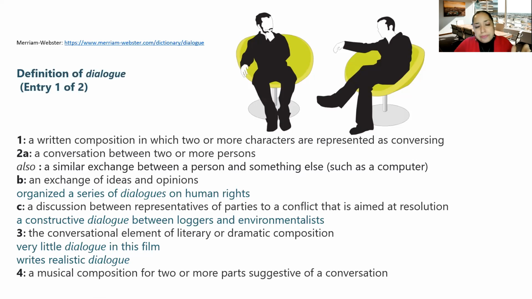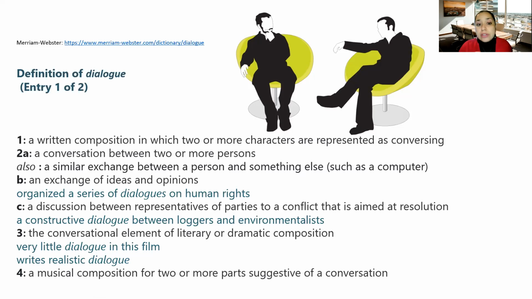And it says, a dialogue is a written, because it's also a dialogue when you write it, a written composition in which two or more characters are represented as conversing, as speaking. Or, let's read the number 2A, a conversation with or between two or more persons.